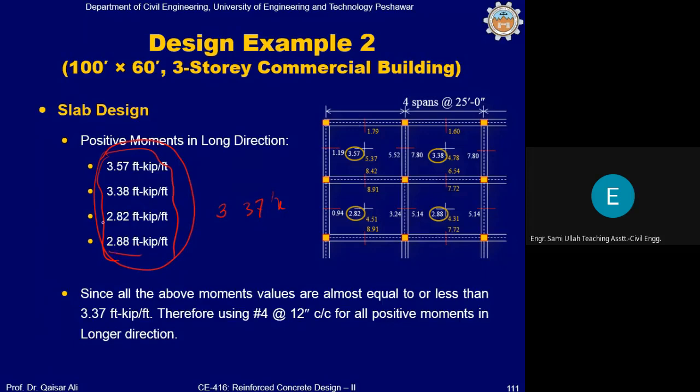They are less than this value or closer to this value. So what does it mean? It means that number 4 at 12 inch will be sufficient in the bottom reinforcement along the longer direction. Using number 4 at 12 for all positive moments in the longer direction. Okay. Is it clear?